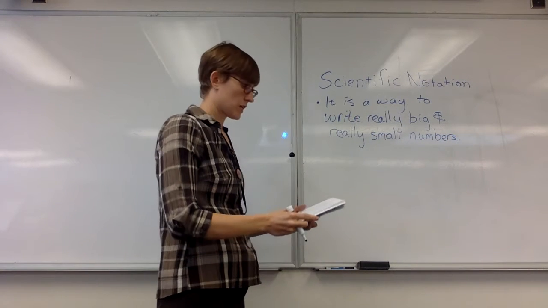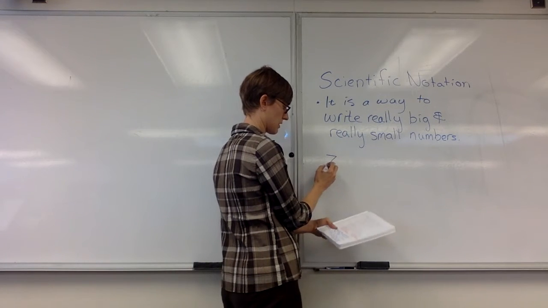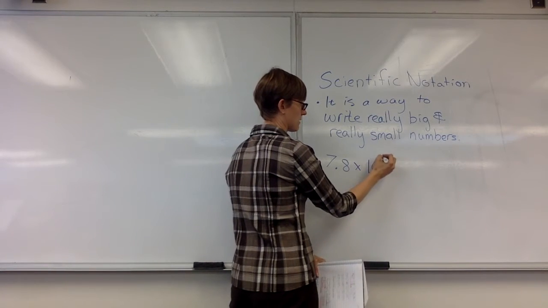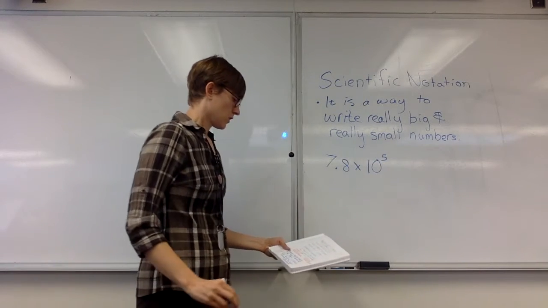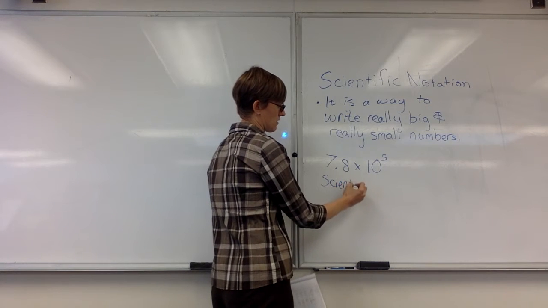So when I'm writing really big or really small numbers, I use this form. So such as 7.8 times 10 to the 5th power. This is a form that's called scientific notation.